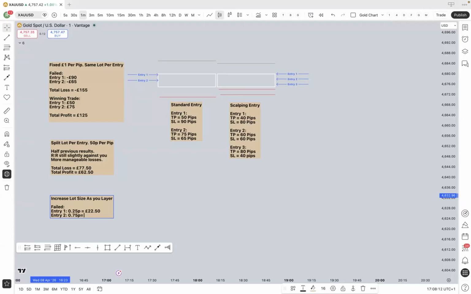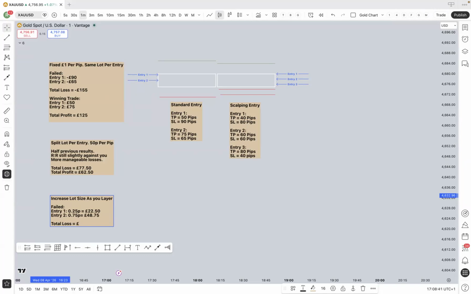Okay, but like I said, we're just using it in pounds and pence to make it easier to understand. So your total loss on 75p at 65 pips would be £48.75. And the total loss overall in this scenario becomes £71.25.